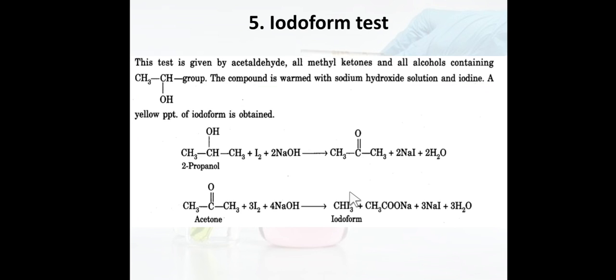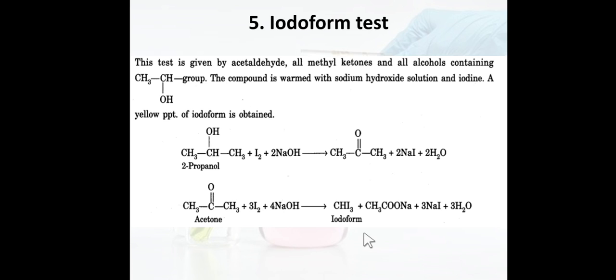Don't get confused with the alcohols, because alcohols as well as all methyl ketones and acetaldehyde, that means this CH3 group, is very important for the identification, as it is forming CHI3, that is iodoform. So besides alcohols, methyl ketones and acetaldehyde are also showing the iodoform test.